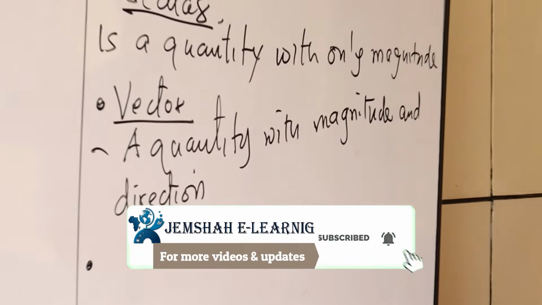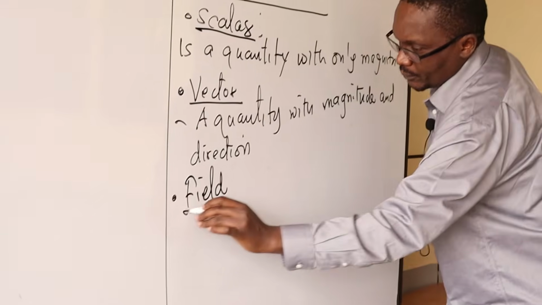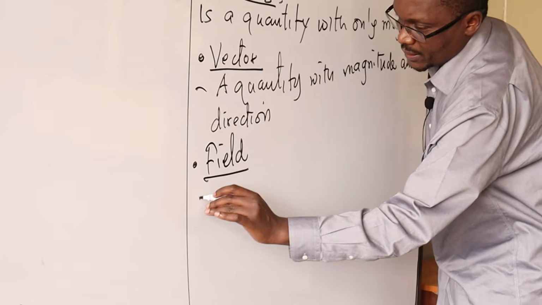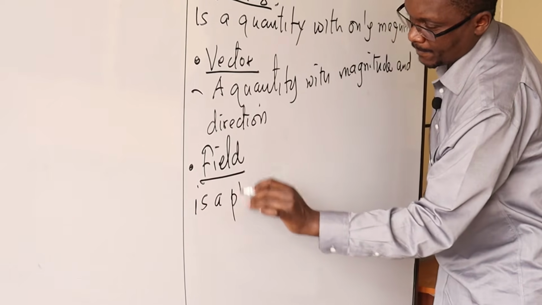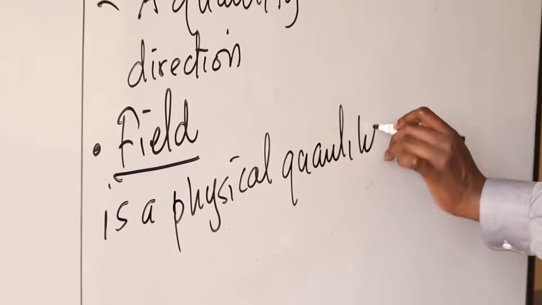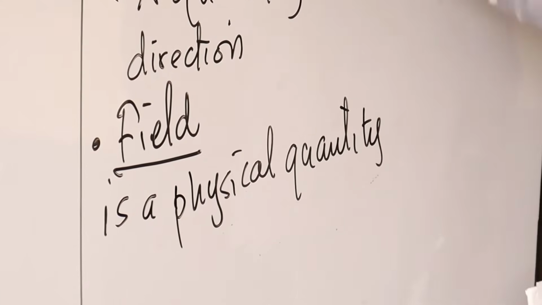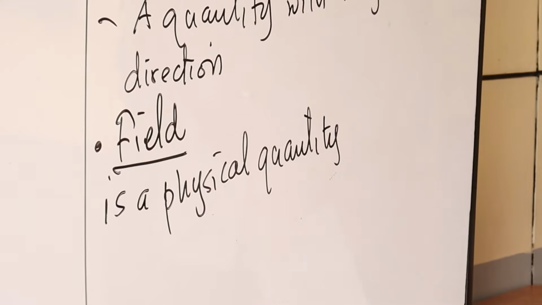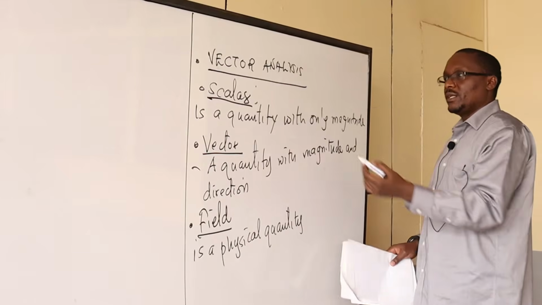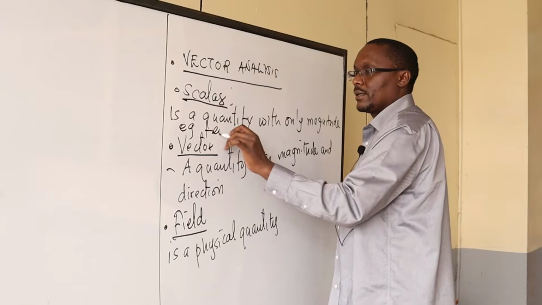And also, we need to define what a field is. So we can say that a field is a physical quantity, just like a scalar is also a physical quantity. So when we have a field that is purely made of a scalar, an example of a scalar can be temperature.